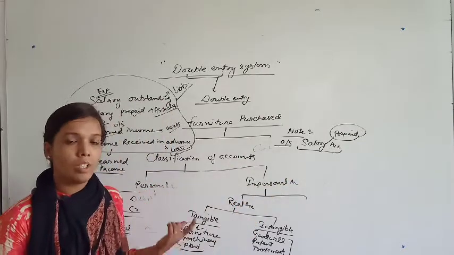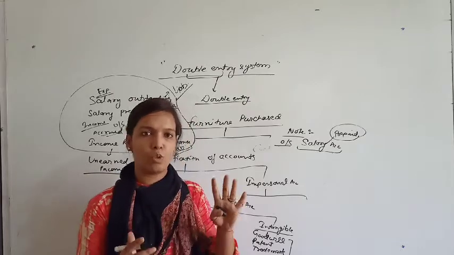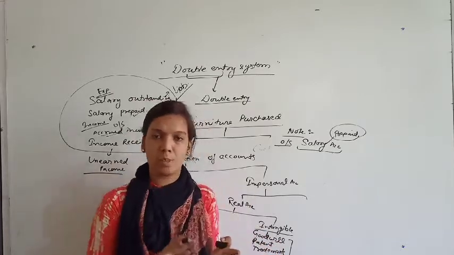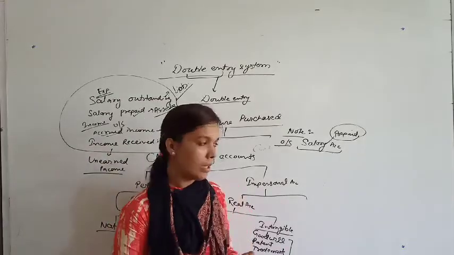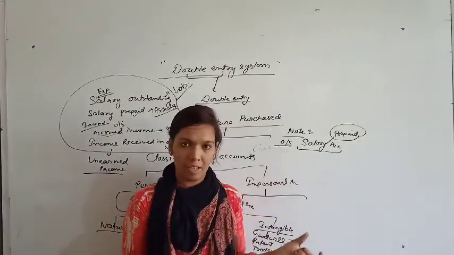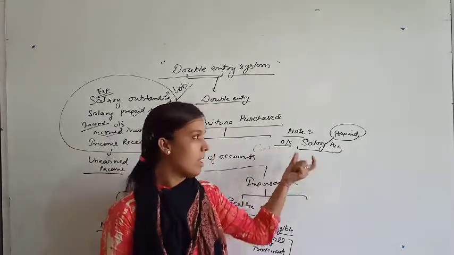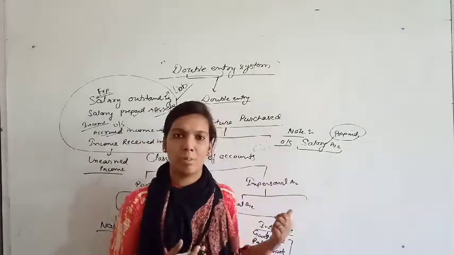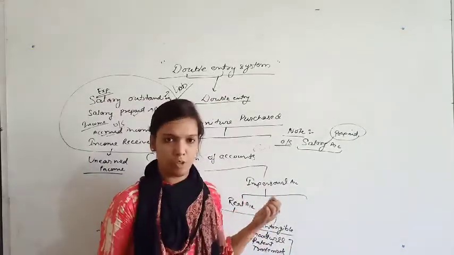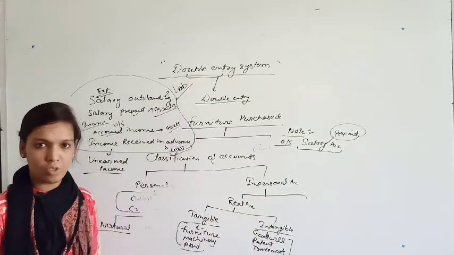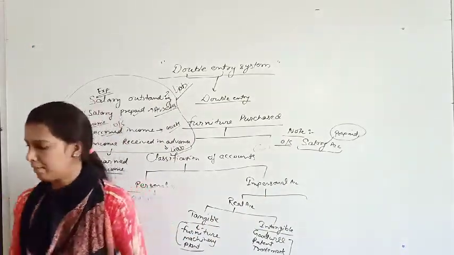As I told you, representative personal includes only 4 things: outstanding expense, prepaid expense, accrued income or unearned income. So if there is only salary account, it will be termed as nominal account, but if there is outstanding salary or prepaid salary, that is termed as representative personal account. So this was the classification of accounts that may be useful for you while doing journal entries.